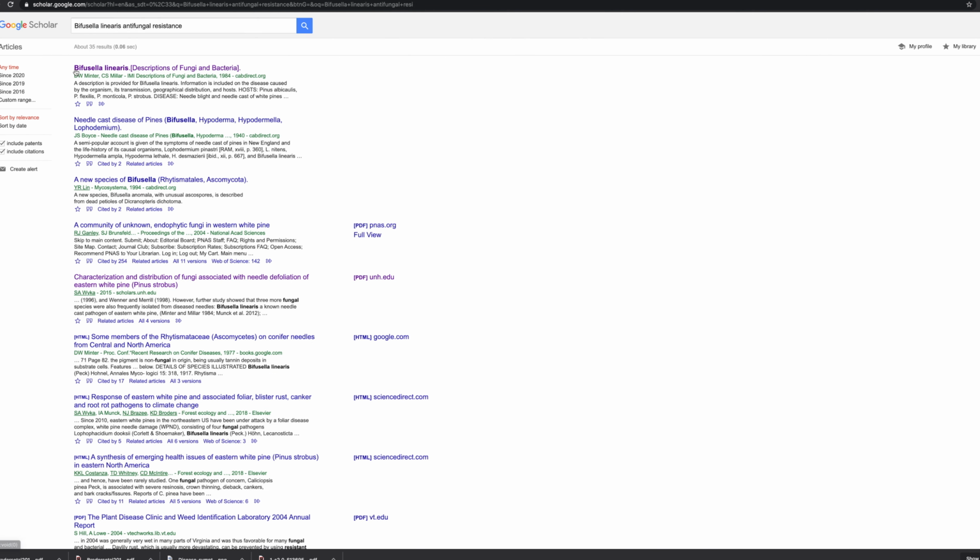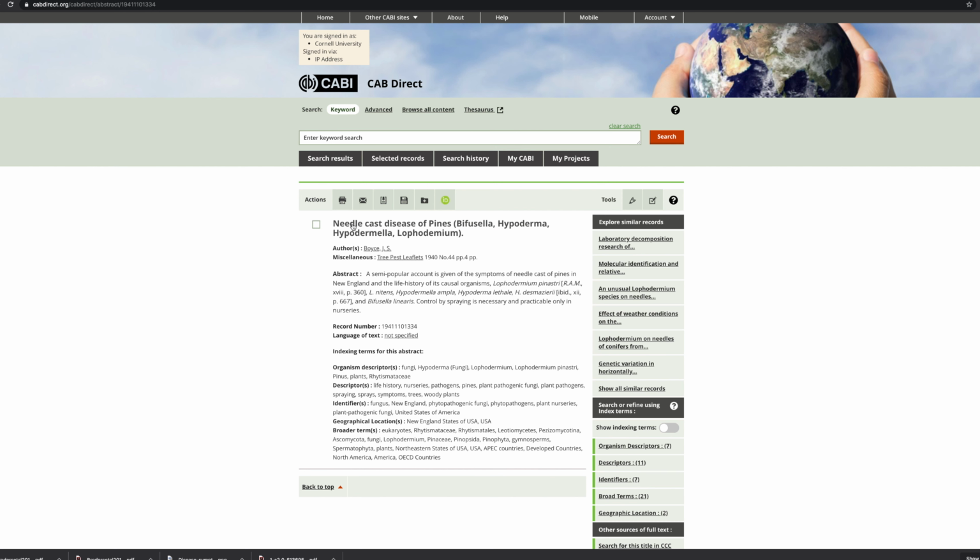Here we have another, we already saw this, we have another reference, and here is a description of the different diseases that these trees have because of this genera of microfungi.